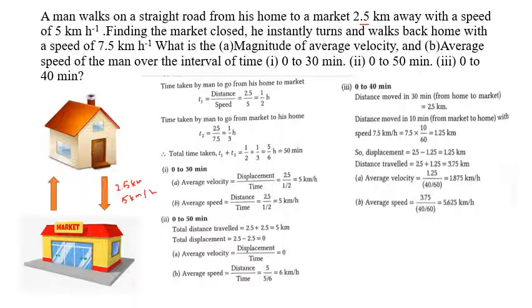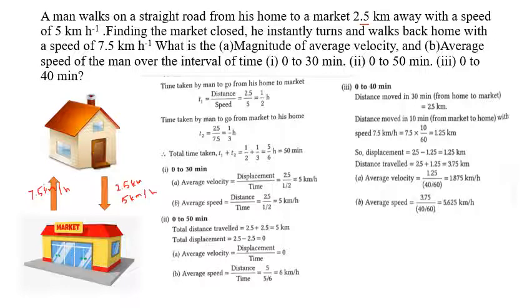And finding the market closed, he instantly turns and walks back home with the speed of 7.5 kilometer per hour. So he's walking with 7.5 kilometer per hour. Right, so this is the returning speed, 7.5 kilometer per hour.